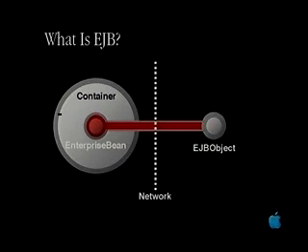Now, one might think, well, what if I manage to have an enterprise Java bean in a container that's local? So even though the object has this distribution paradigm, it's actually in the same process and in the same VM as me. Won't that make things faster?